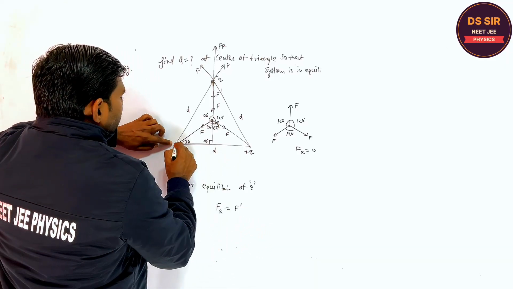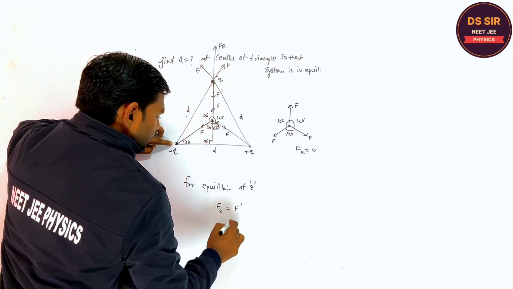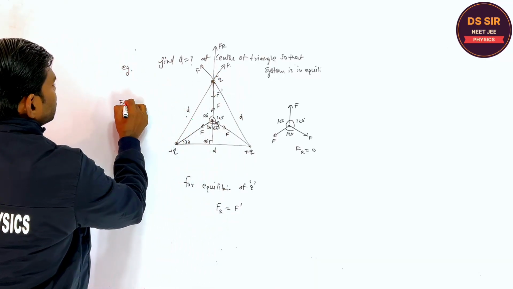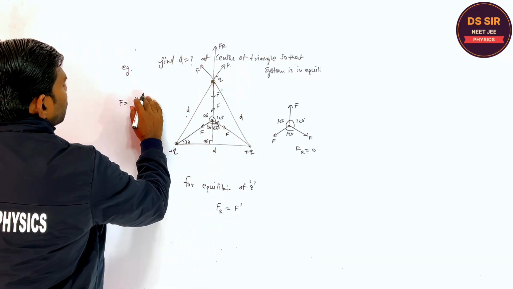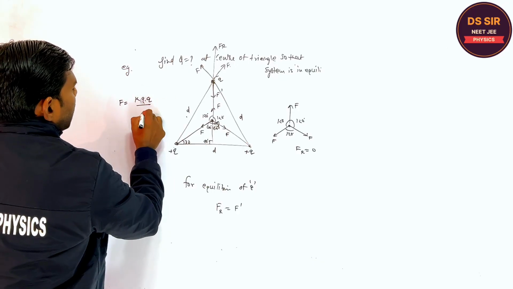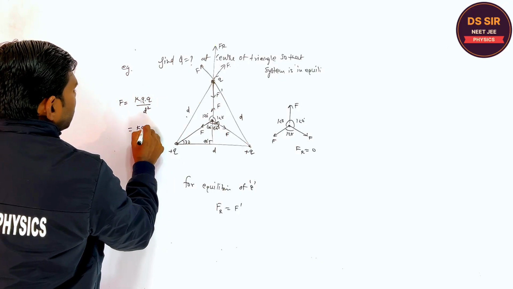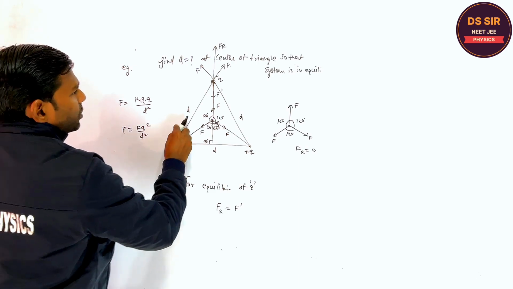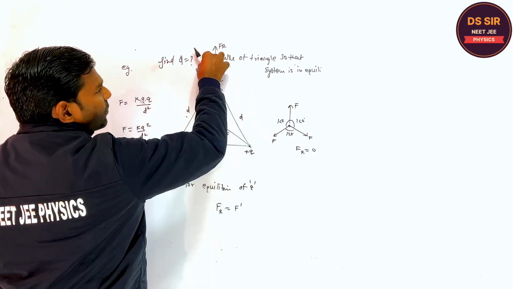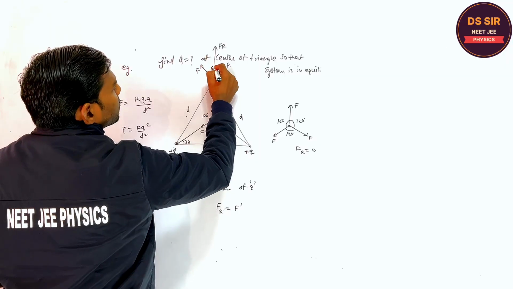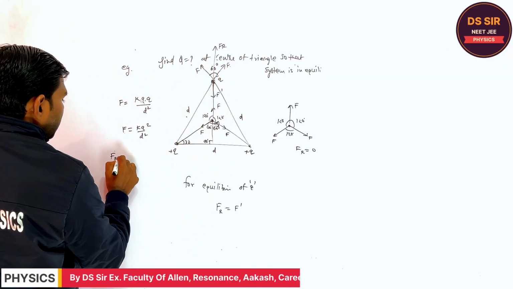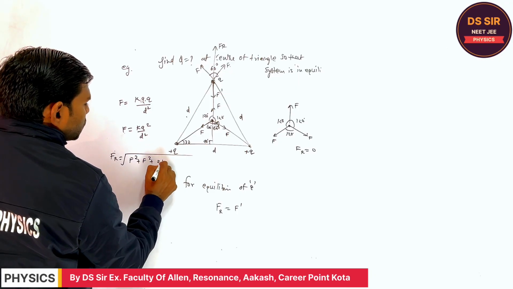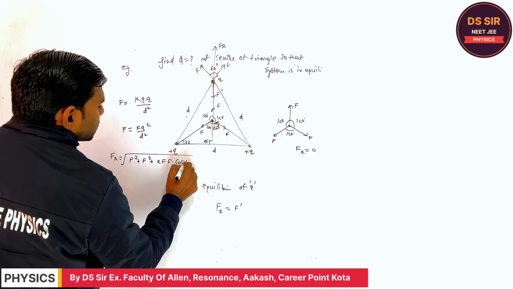Yes. What is the force between Q and Q? It is F, say K Q Q upon D square, so KQ square upon D square. Fine. Yes. What is the resultant force? This resultant force is root over F square into cos 60.